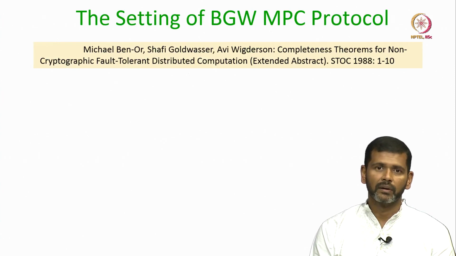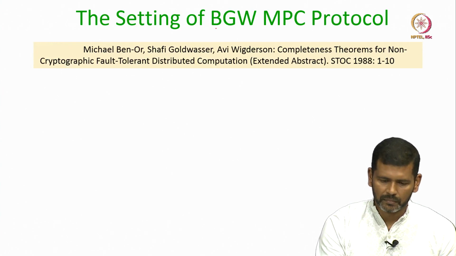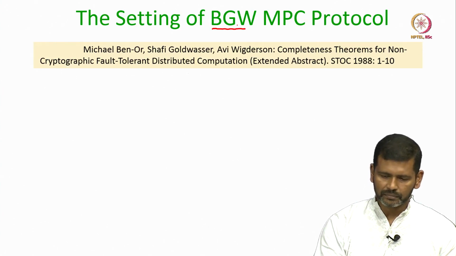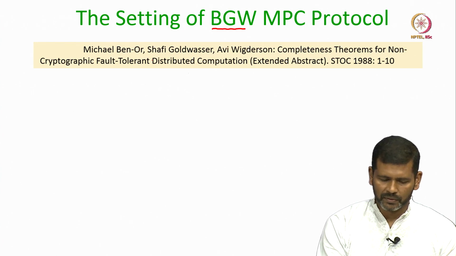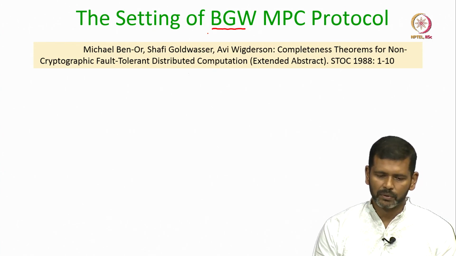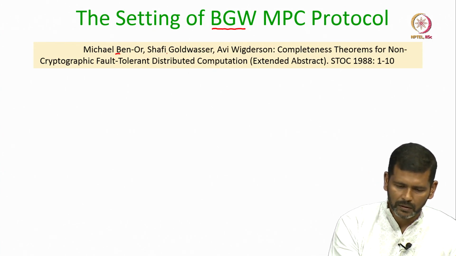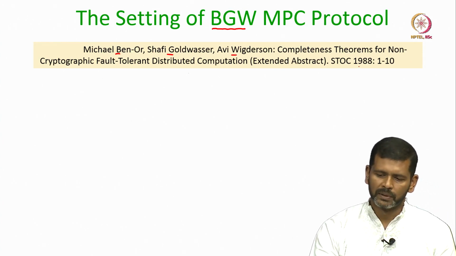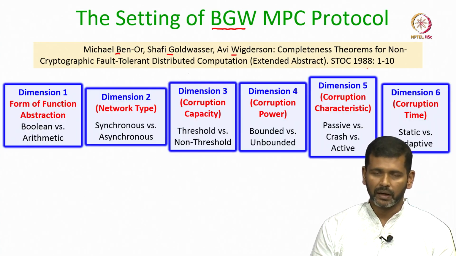So, what is the setting of the BGW MPC protocol? The BGW MPC protocol was invented by Ben-Or, Goldwasser and Wigderson. So, that is why the name BGW. It was published in 1988, and what is the setting considered in this MPC protocol?